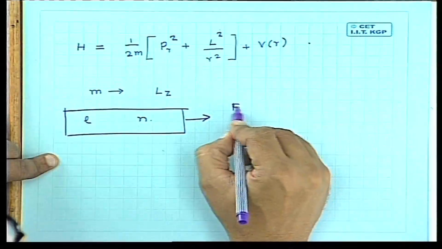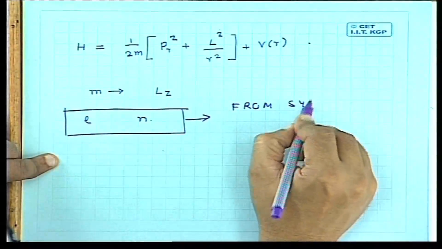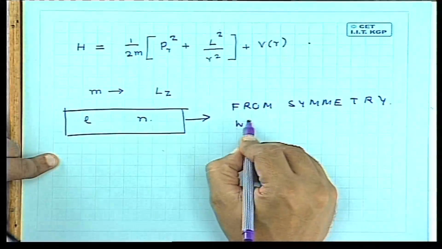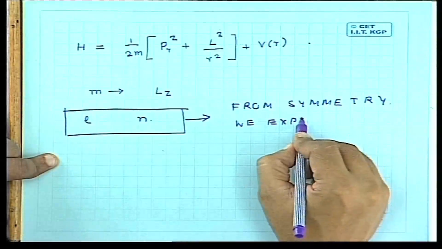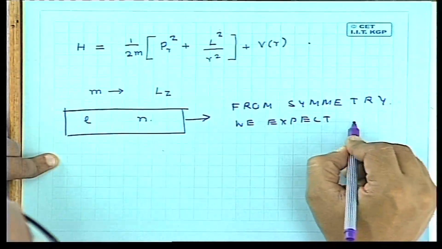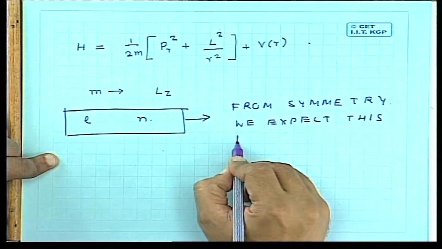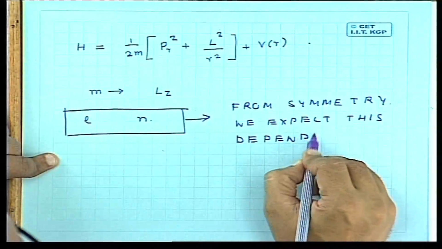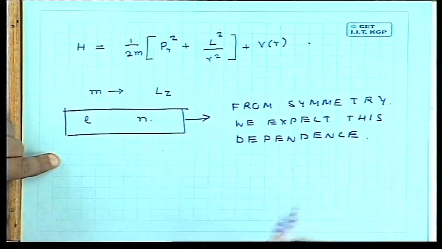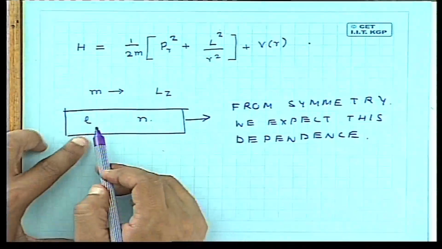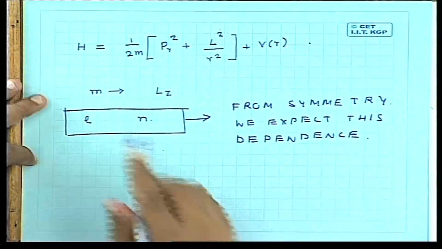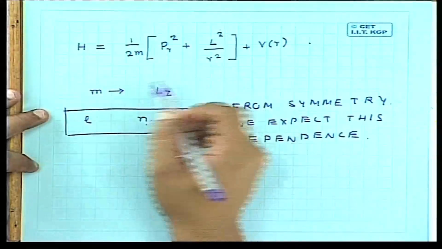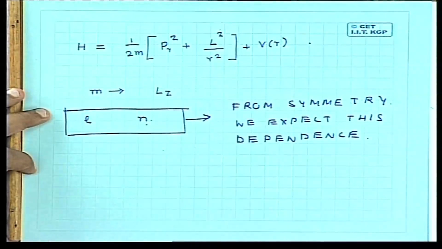So, from symmetry, we expect this dependence. We expect the energy should depend on these two quantum numbers, one which will tell you which particular radial wave function it is, and one which will tell you the angular momentum, because the Hamiltonian or the energy depends explicitly on the angular momentum squared.